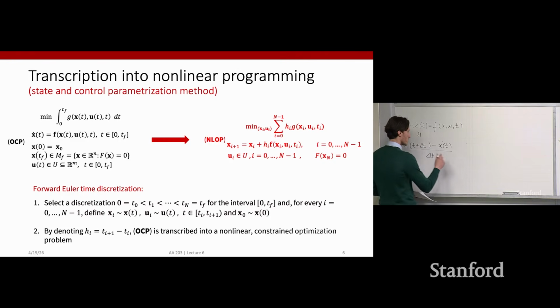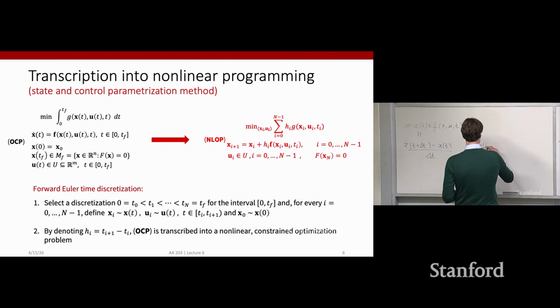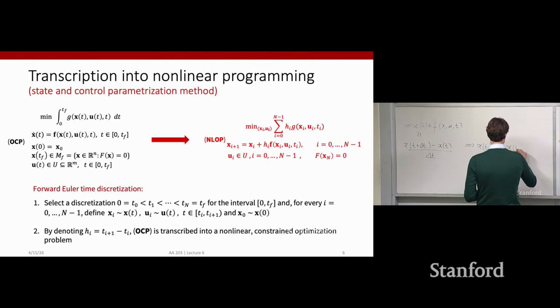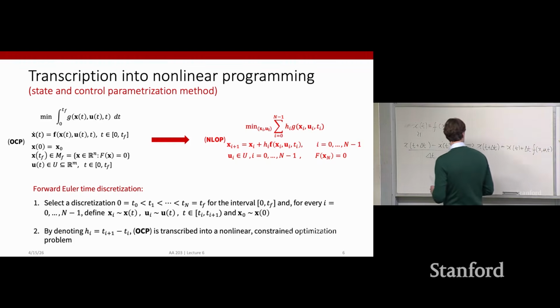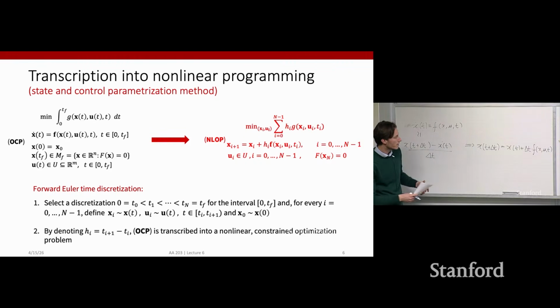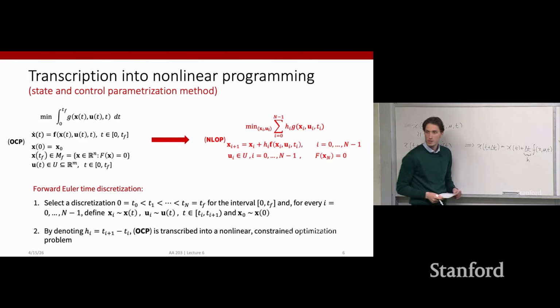And so from this, we can write that x of t plus delta t is equal to x of t plus delta t times f of x, u, t. And in the slides, I'm calling delta t h.